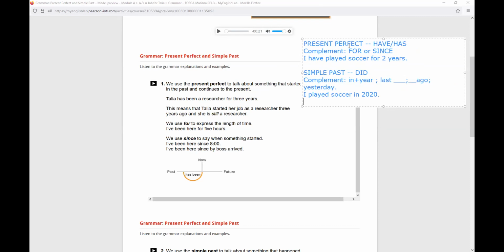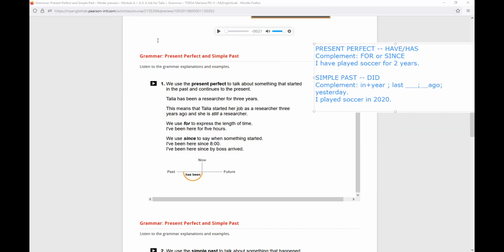Okay? Now, in the examples, here, we can see this. Talia has been a researcher for 3 years. Talia ha sido una investigadora por 3 años. Ok. No nos especifica qué años, pero nos dice con exactitud la cantidad de años. Por 3 años. So, what does it mean?